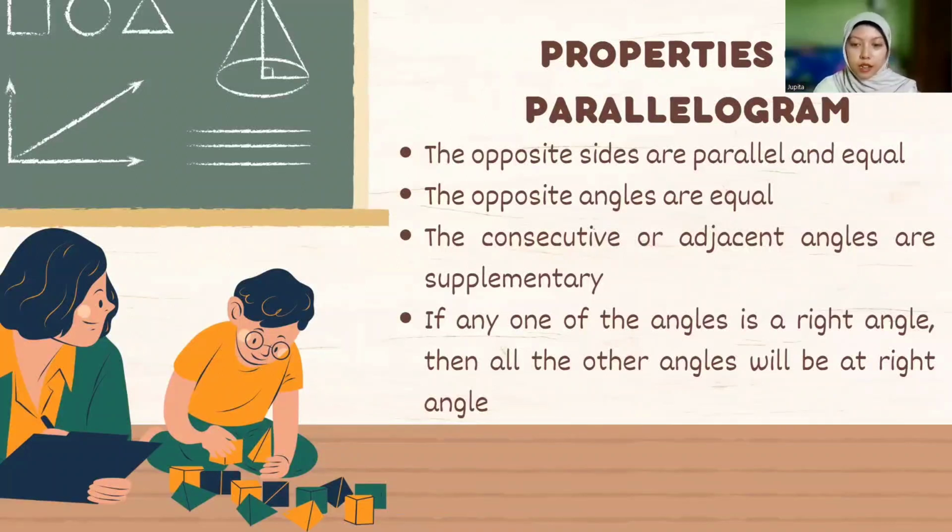The opposite angles are equal. 3. The consecutive or adjacent angles are supplementary. 4. If any one of the angles is a right angle, then all the other angles will be right angles.